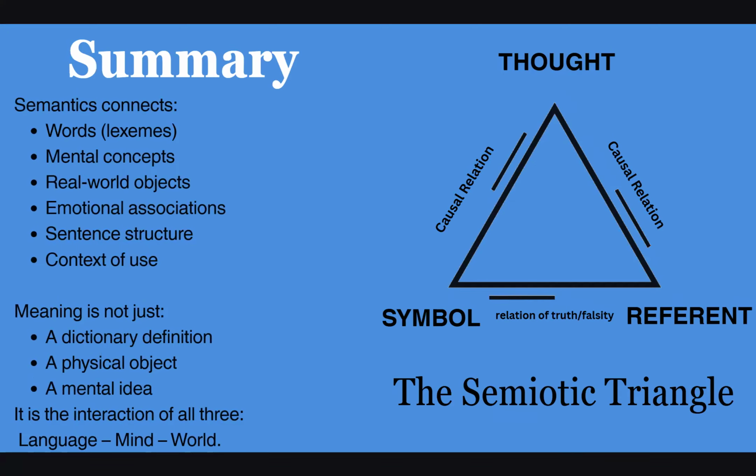And next, we can see that semantics explains meaning as the result of interaction between several interconnected elements. This is the summary of the first slides until now. It links word, lexeme, mental concept, and real-world object, while also considering emotional association, sentence structure, and context of use. Meaning is therefore not limited to a dictionary definition, a physical object, or a mental idea alone.